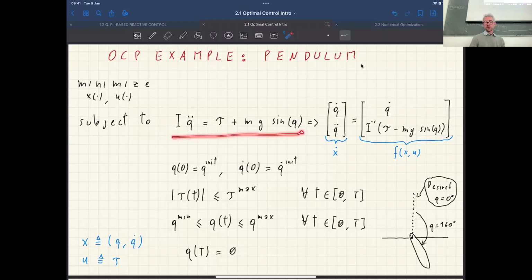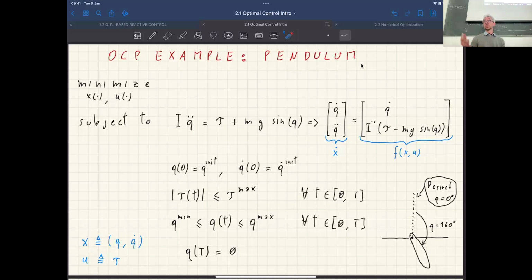Then to work in an optimal control framework, you typically want to write down the dynamics in standard form. So in this case, we have to define what we are going to use as the state of the system.